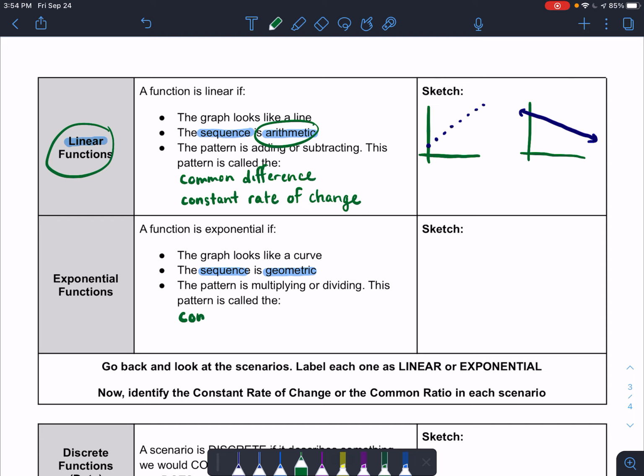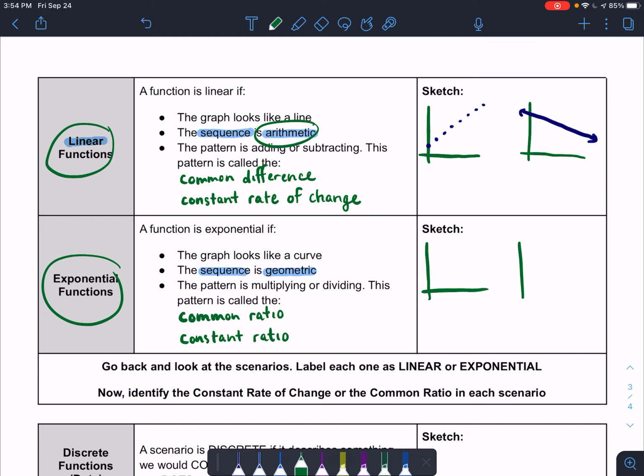We have the common ratio. You might also hear the word constant ratio. But the big idea here is that we're now going to think about that concept as an exponential function, okay? So, what do those look like?